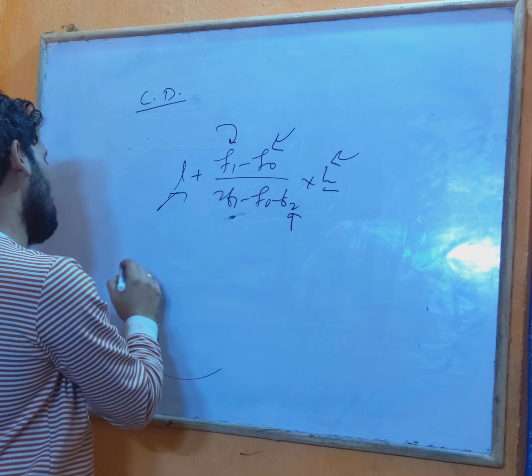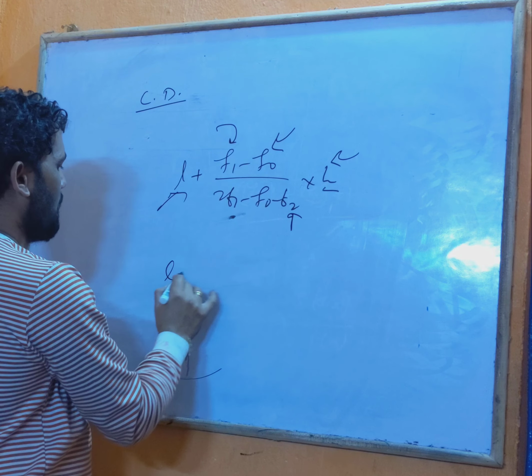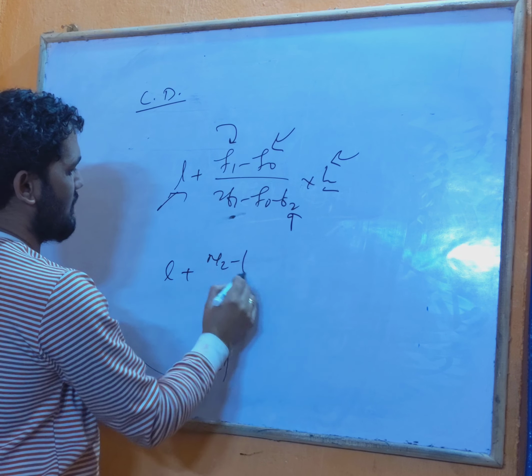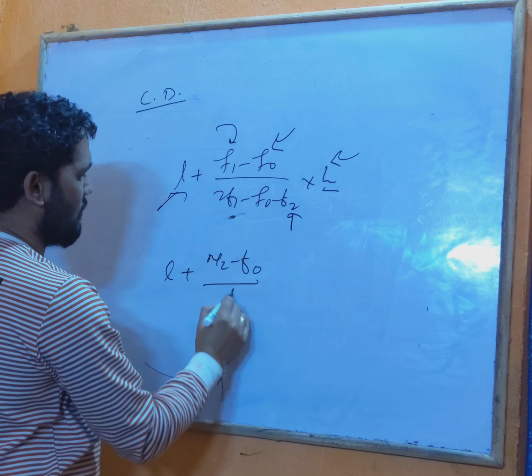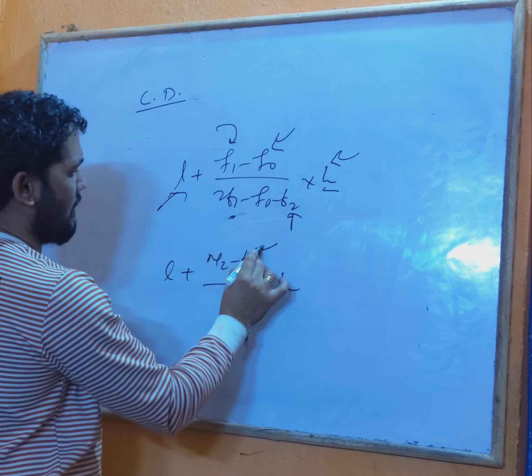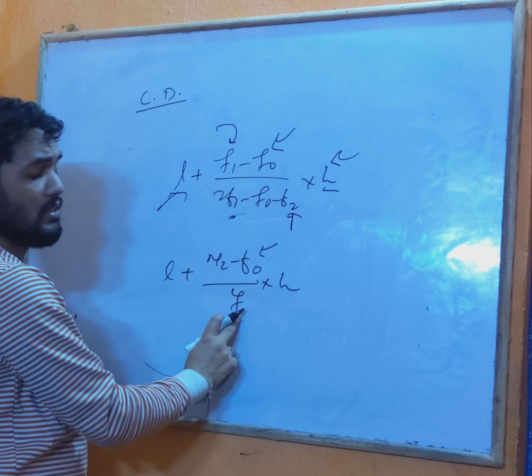And for the median, L plus n by 2 minus f upon f1 times h, where f is the preceding frequency and f1 is the model class frequency.